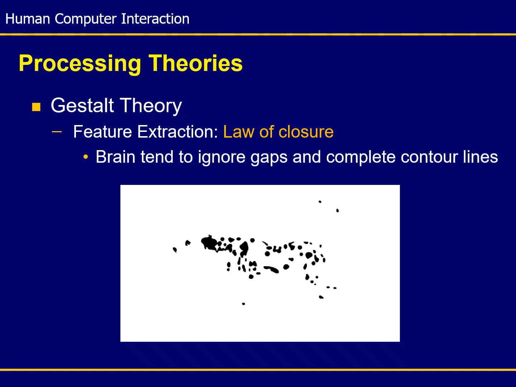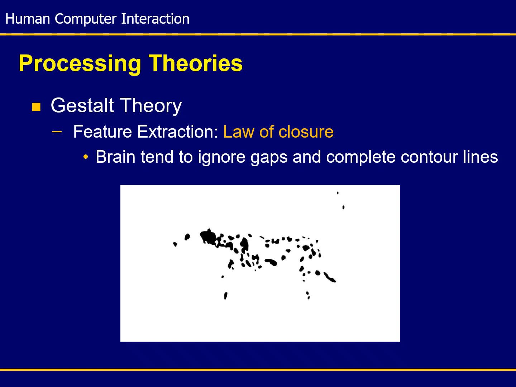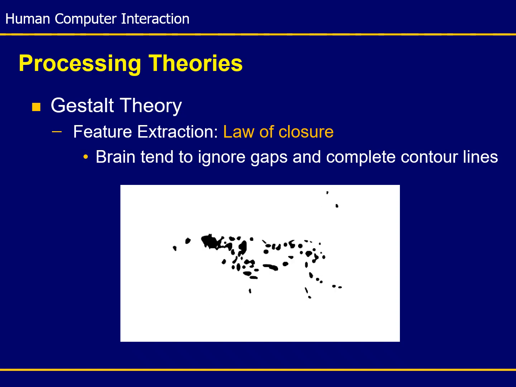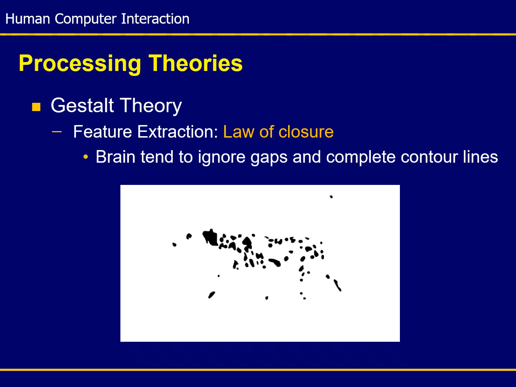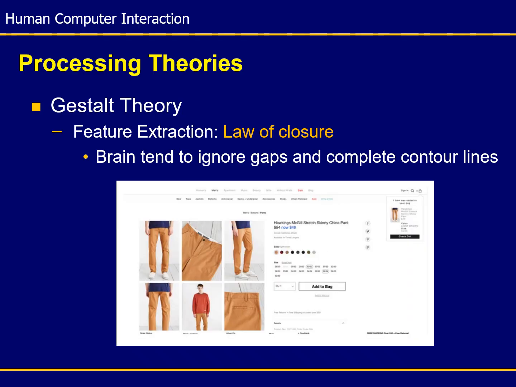Okay, so this exists visually, and it exists also auditorily in your brain. It also exists on many e-commerce applications or websites, where you start seeing parts of an item but not the whole thing, and you can still complete the mental picture in your brain.